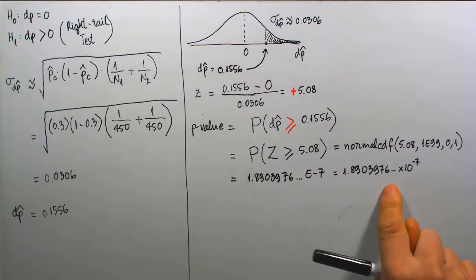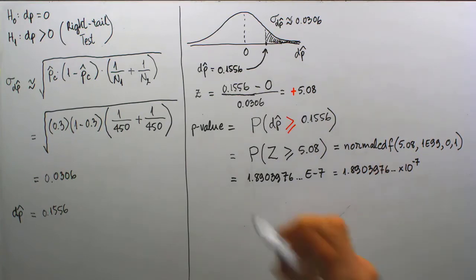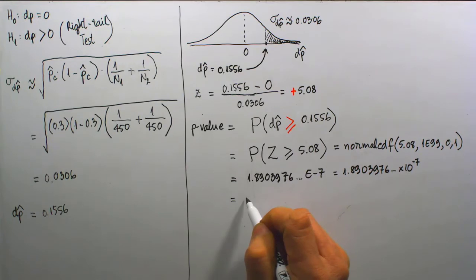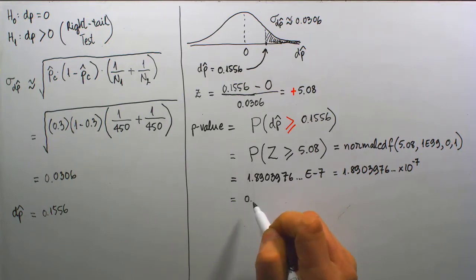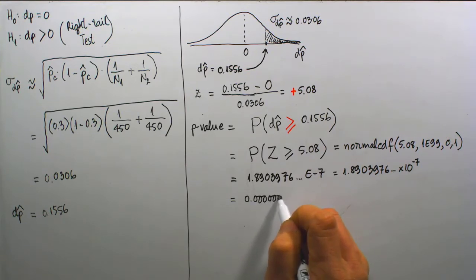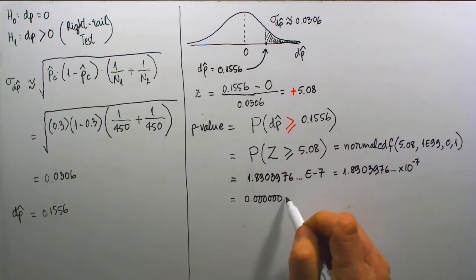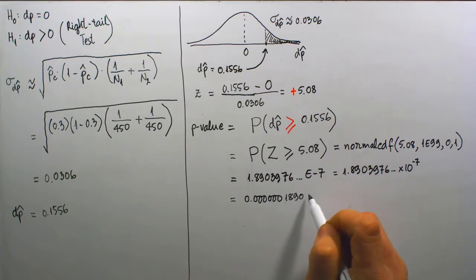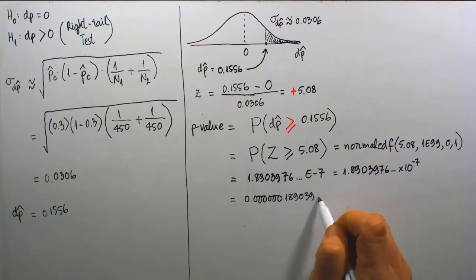But this value in scientific notation really means our actual p-value in decimal form is 0.0000001890397 and a lot longer.